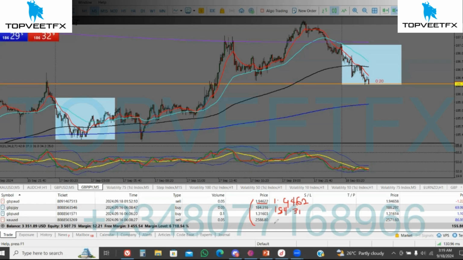Now, for gold, if you want to write the current market price for gold, it's going to be 2588.8. That is the current market price. 1 digit after the decimal point is what you follow.